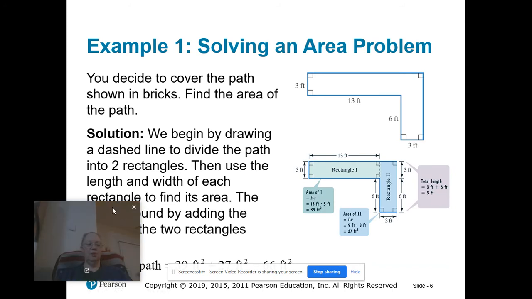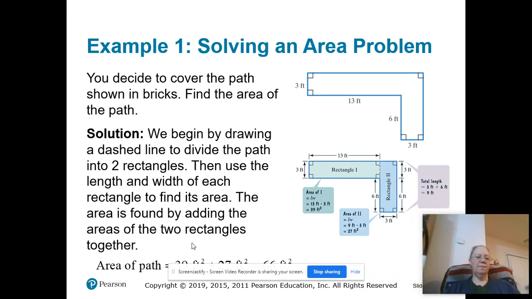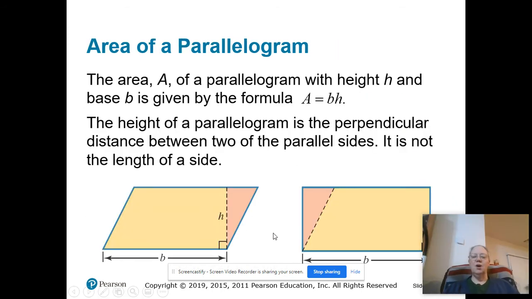Let's move this back over. All right, and there we go. Now let's find the area of a parallelogram. So here's my parallelogram.